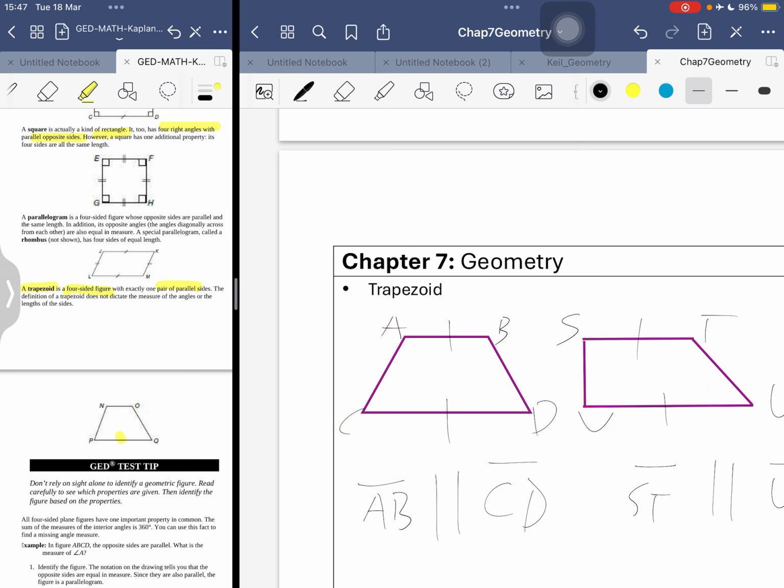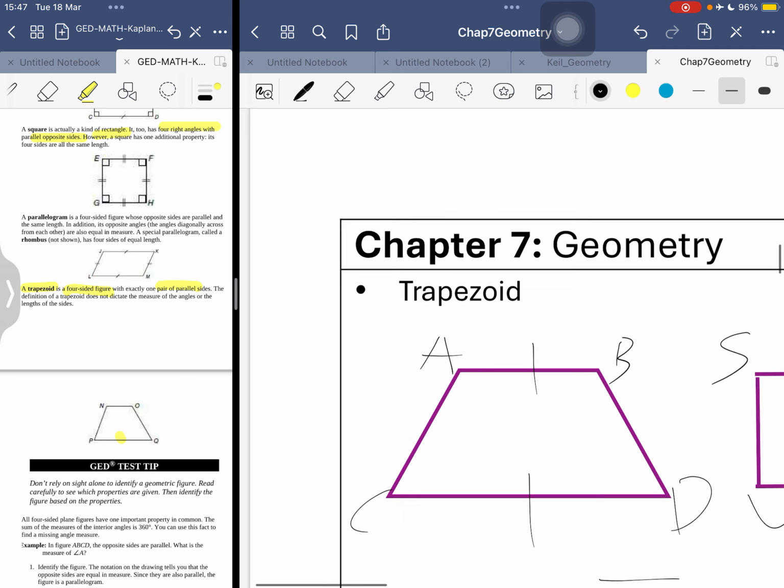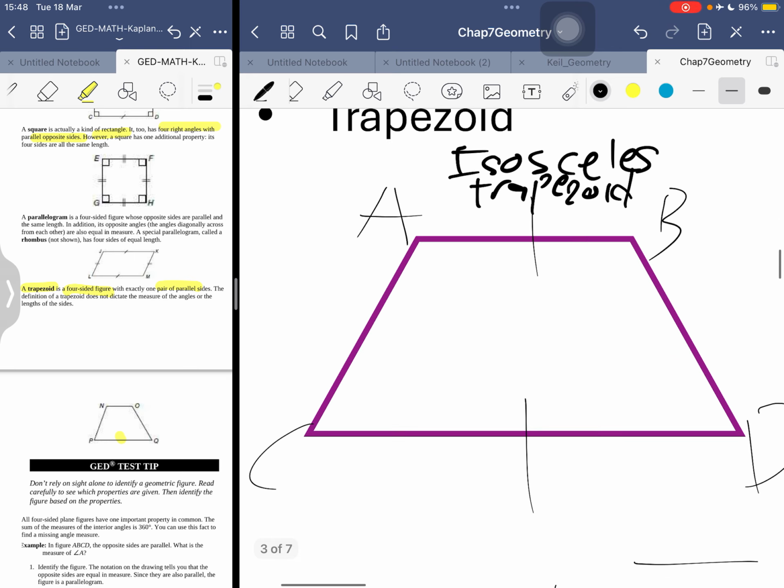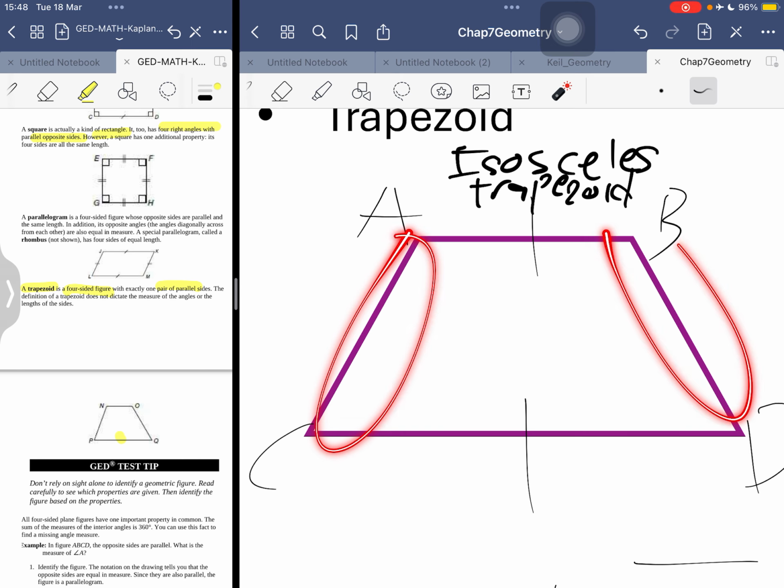So there are two types of trapezoid. First is the isosceles trapezoid, wherein the legs are equal, like the sides here are equal.